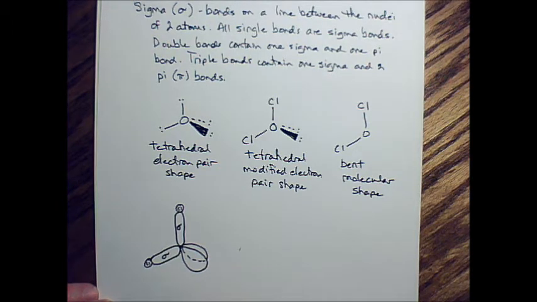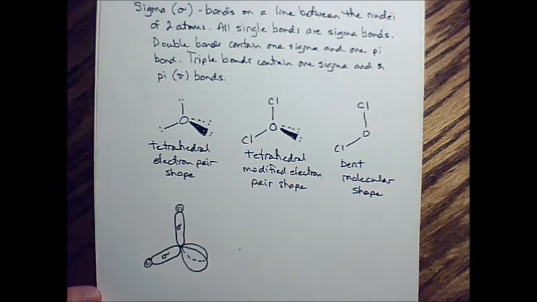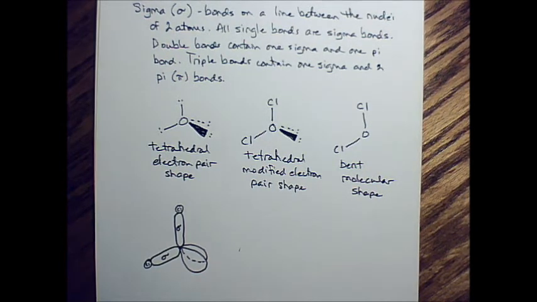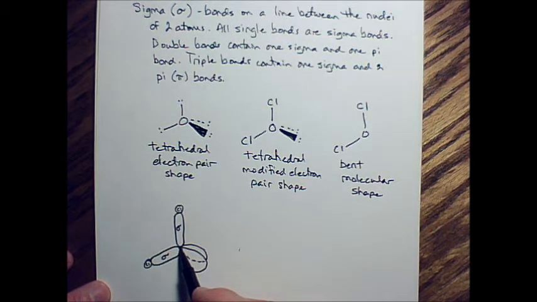67. What kind of orbitals do sigma bonds come from? Okay, yes, sigma bonds and lone pairs always come from hybridized orbitals. So I'm looking here at the oxygen in the center.